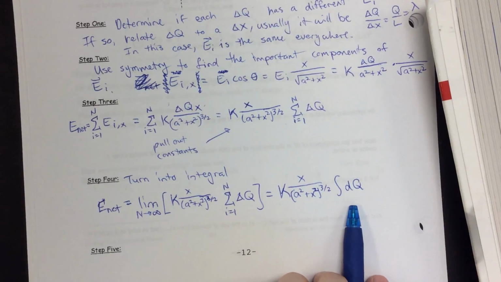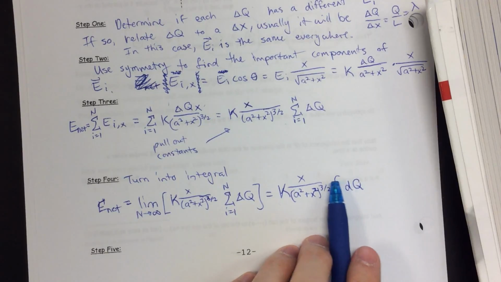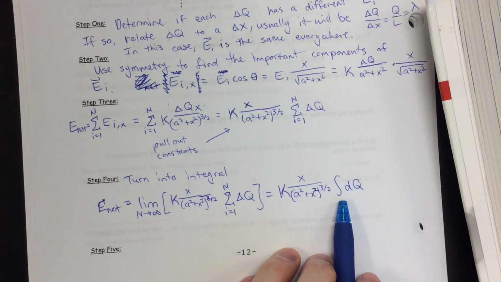When you have something like charge, it's kind of hard to write out what that integration looks like other than you're trying to integrate the whole circle, right?